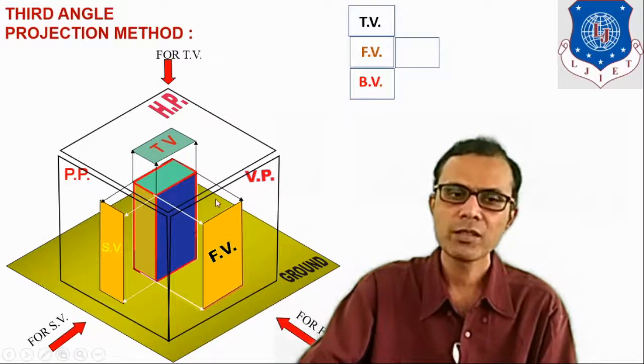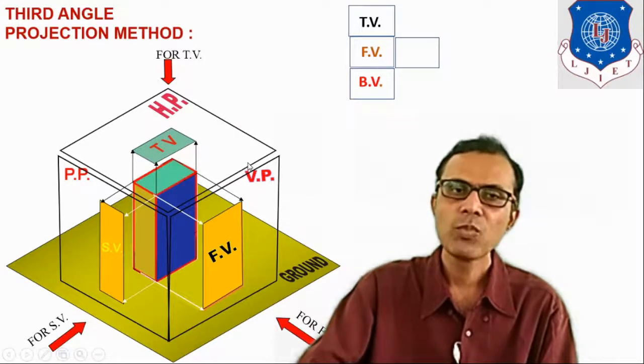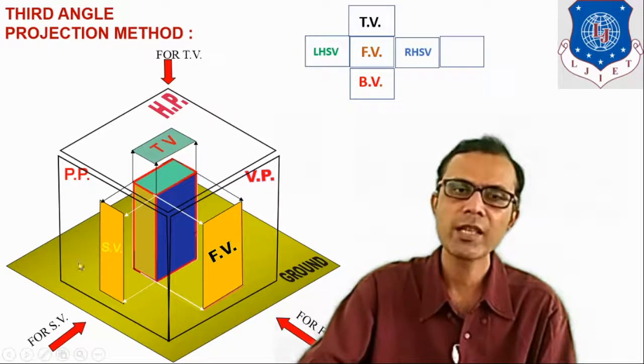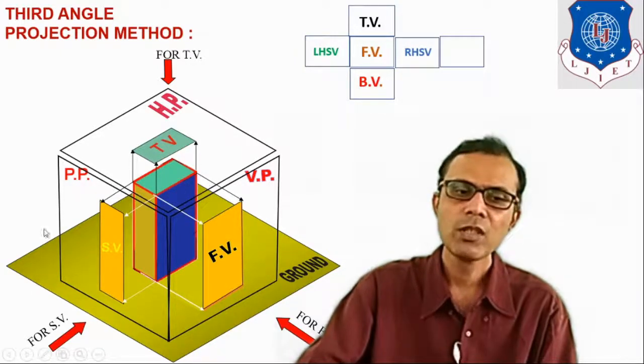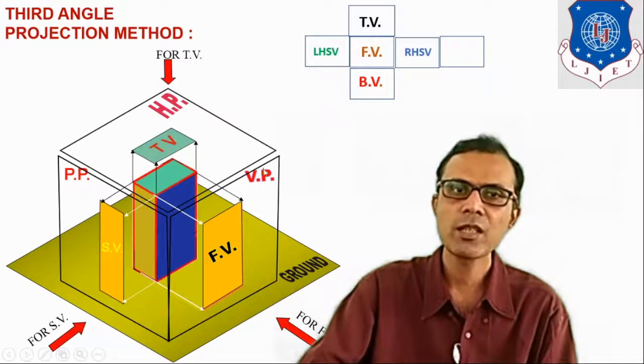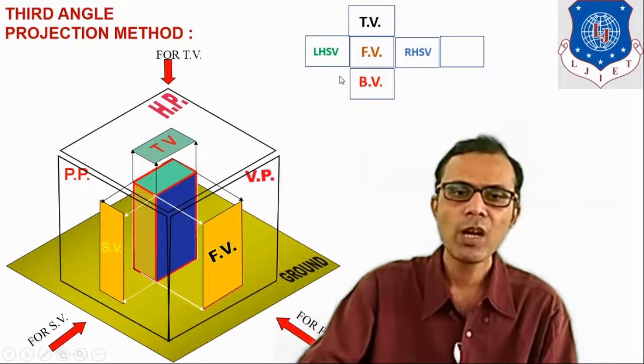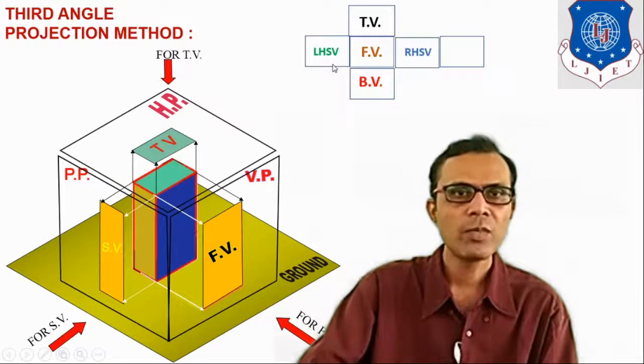This direction is direction for the right hand side view, and this direction is direction for the left hand side view. The view which is obtained in this case, which is shown in this diagram, is left hand side view, and this VP remains stationary. So with reference to VP, when it is opened out, the location of this left hand side view will be towards left side of the front view.